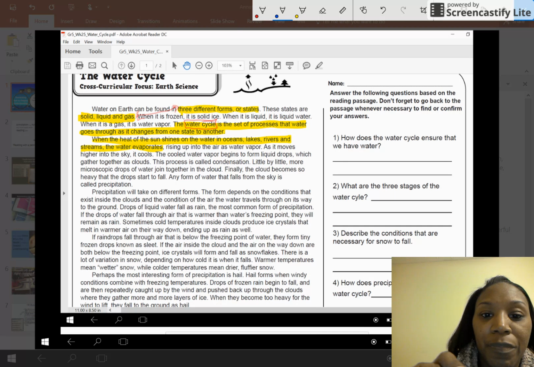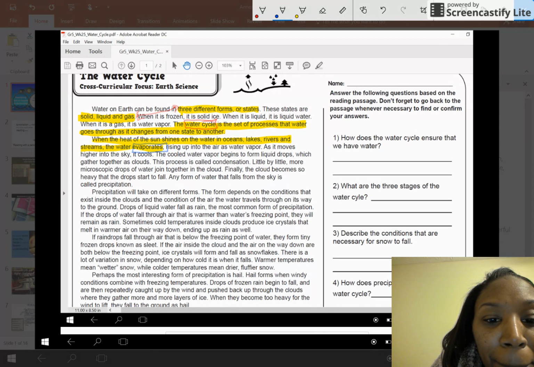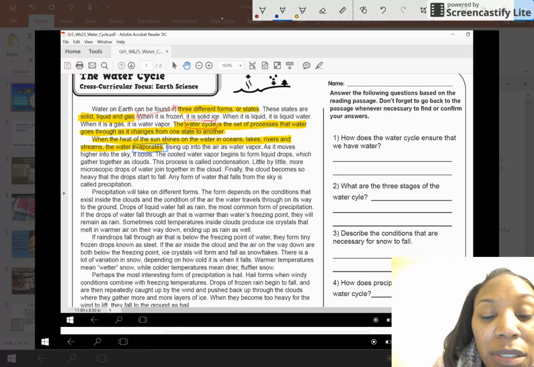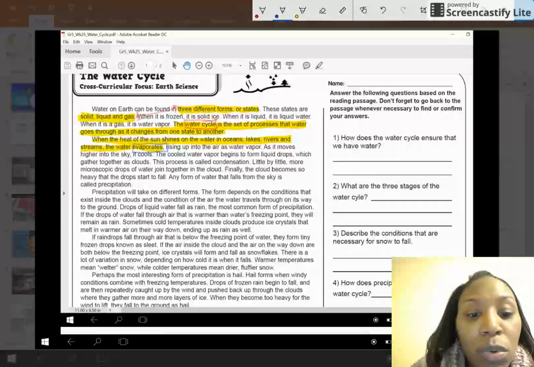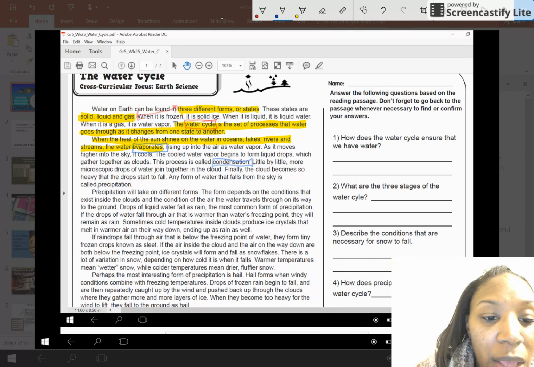It is evaporates. Main thing we need to know is that the sun is what provides that heat. All right, so evaporates is one of the words that we define. We also got the definition for condensation and precipitation in this paragraph.